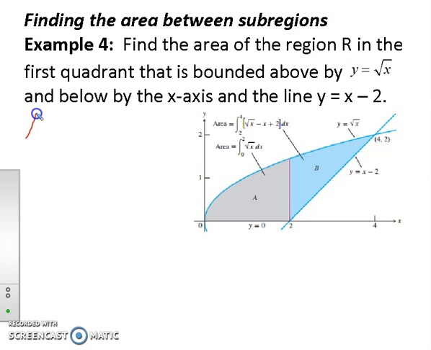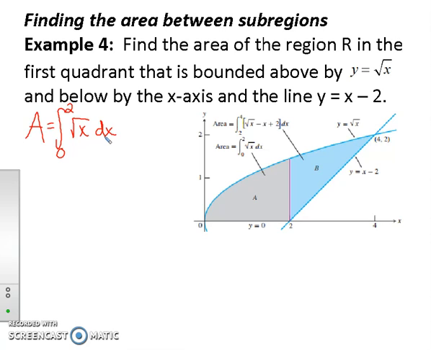So for region A, the area would be the integral from 0 to that pink line, which is at x equals 2, of the square root of x, technically minus the x-axis, but that's just y equals 0. So we don't need to subtract anything. So that's how we would find region A.